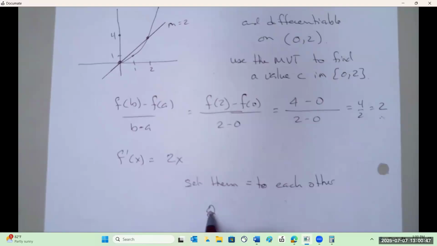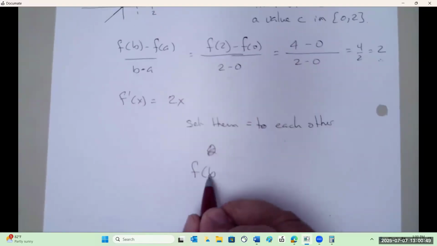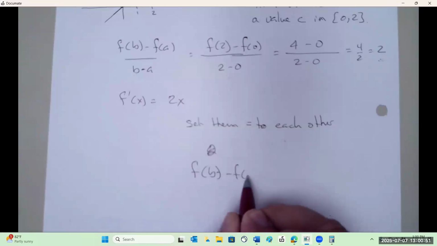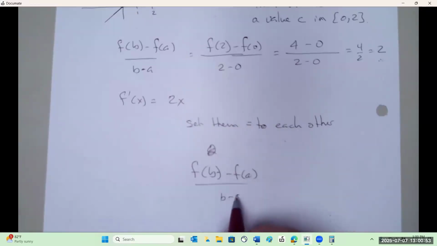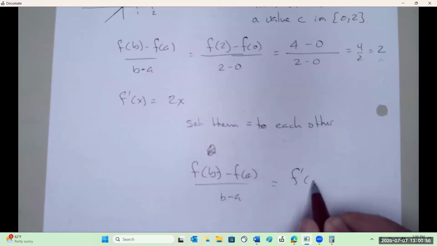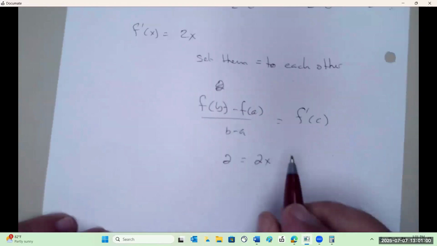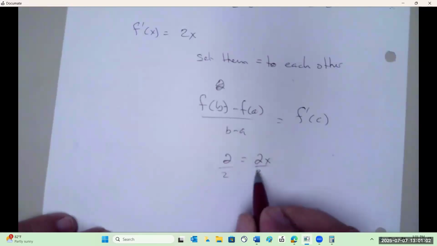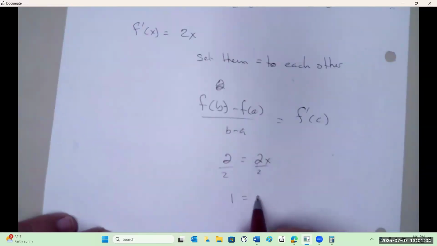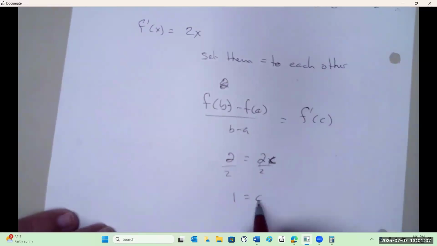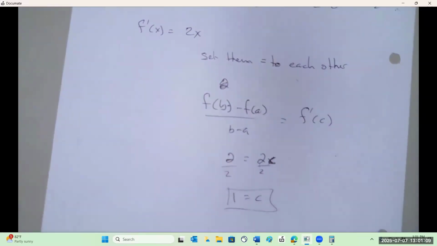So f of b minus f of a over b minus a equals f prime of c. This is 2, this is 2x. So c is equal to 1.